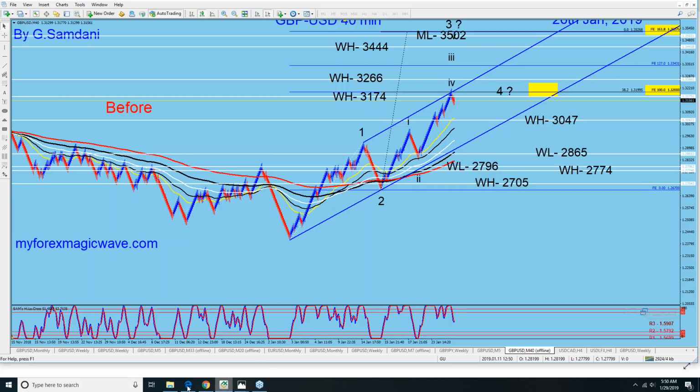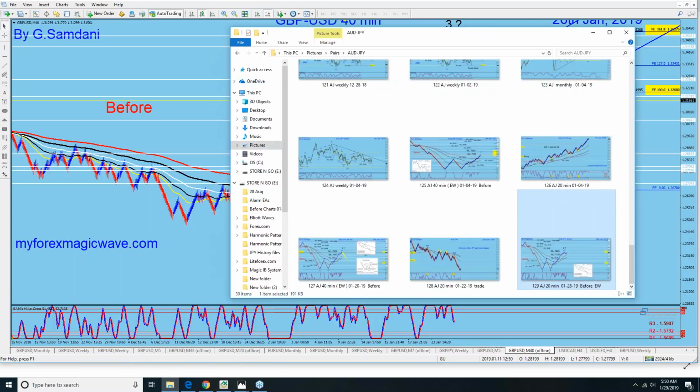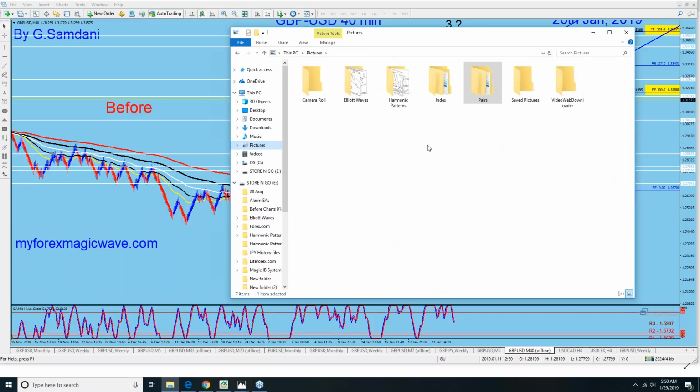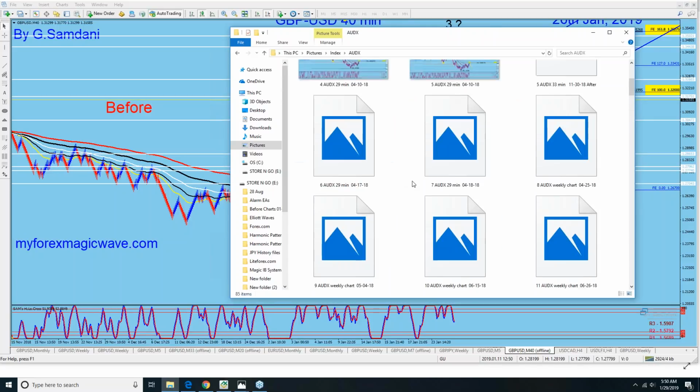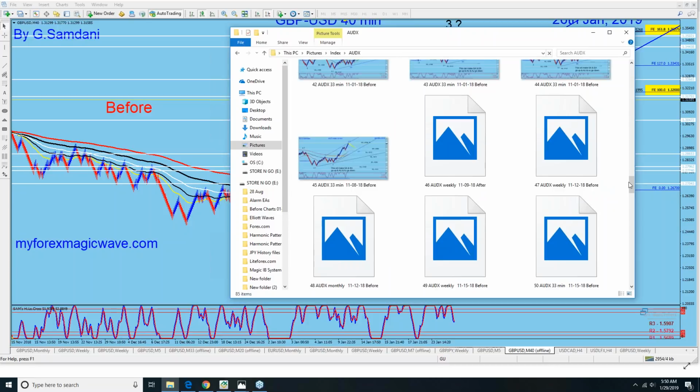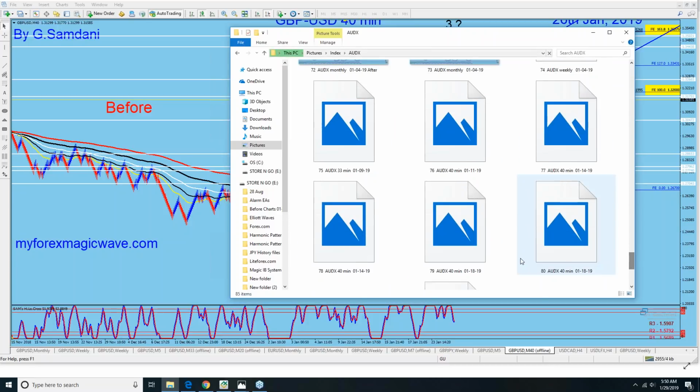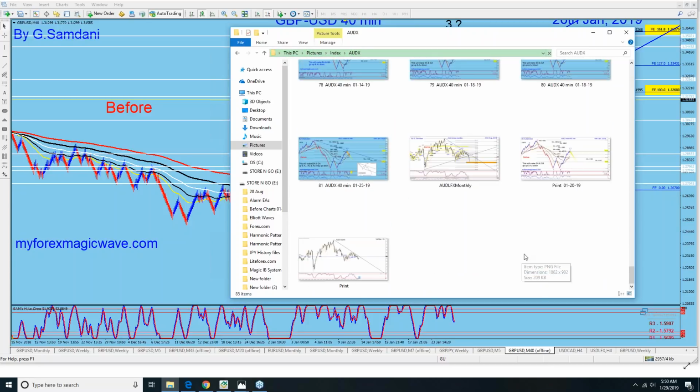And for example, right now I gave you a CAD Yen 40-minute chart for the other day, and let me see the Aussie index, for example. I'll show you the Aussie index. The 40-minute chart is the setup, this is how it looks. Aussie index also, this is the chart, right?